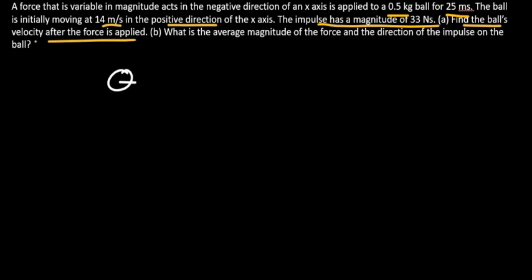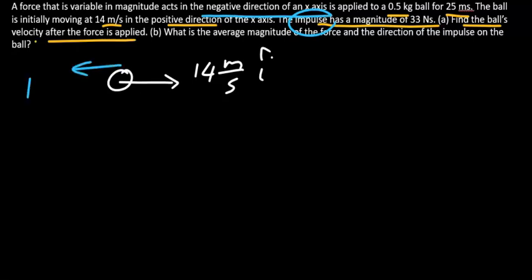Initially the ball is going in that direction with a velocity of 14 meters per second, i hat. We know the force that is causing that impulse is acting in the negative direction of the x-axis, so it's going like that. What that means is the impulse is also going in that direction, namely in the minus i hat direction.